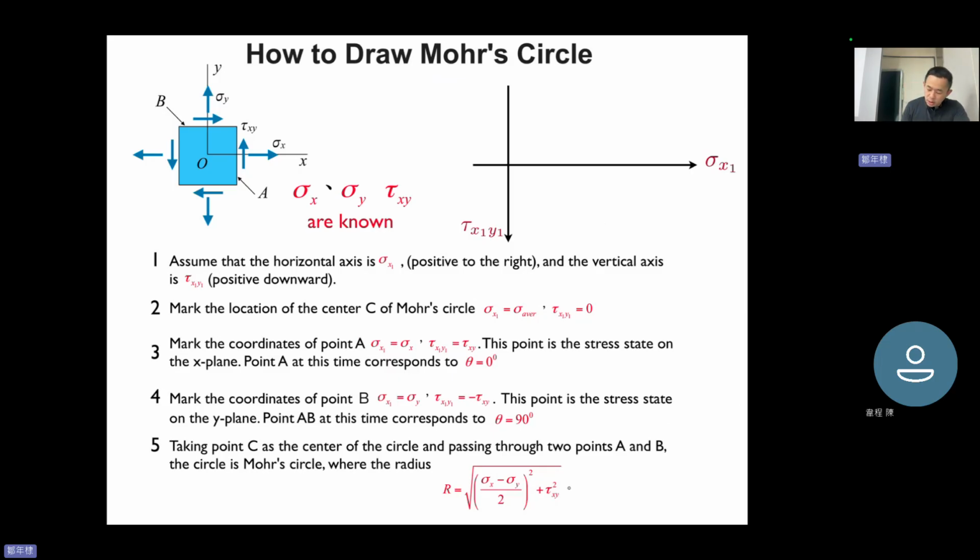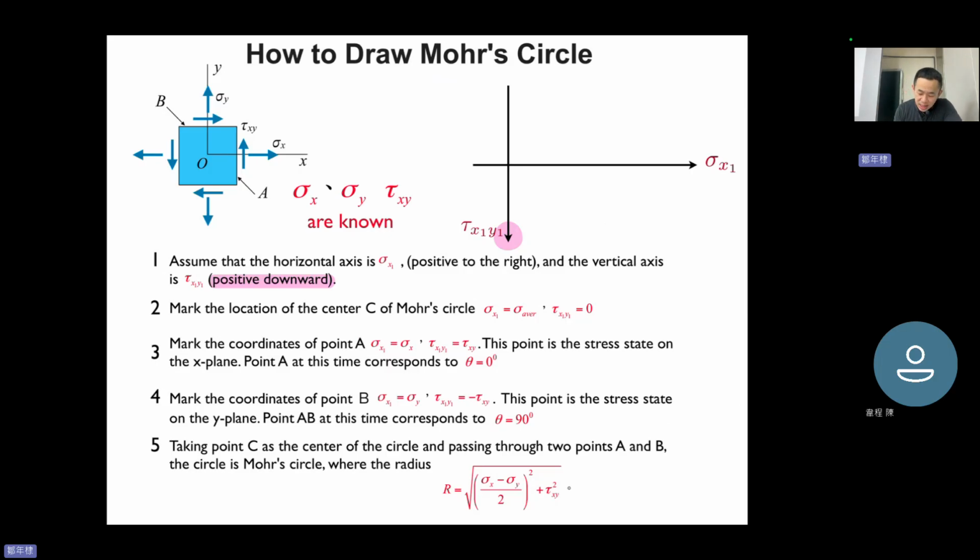So now I will give you a step-by-step guideline to draw Mohr's circle. Again, assume that the horizontal axis is sigma x1, positive to the right, and the vertical axis is tau xy, positive downward, so important. All right, so this is the first thing you need to do: draw these two axes, done.